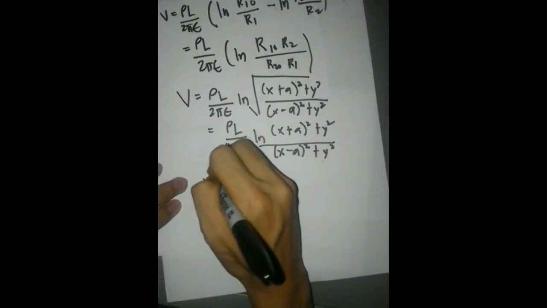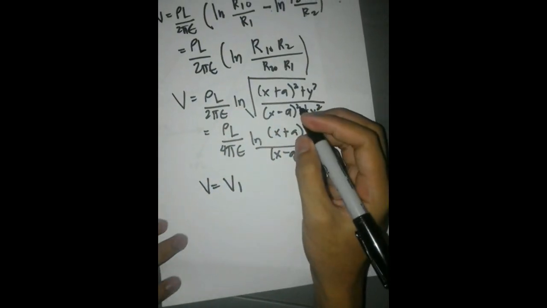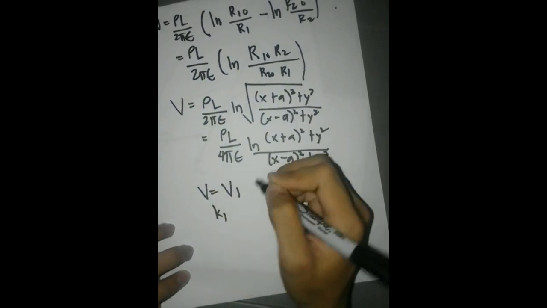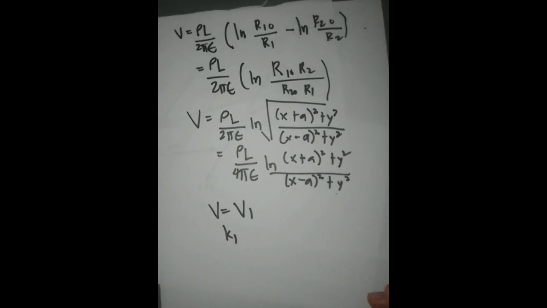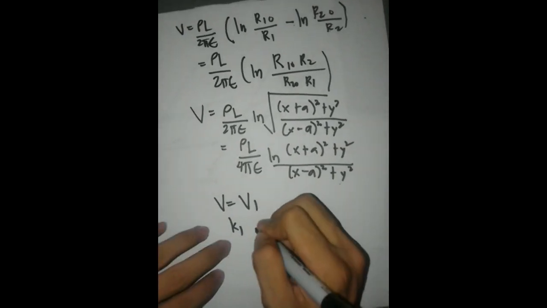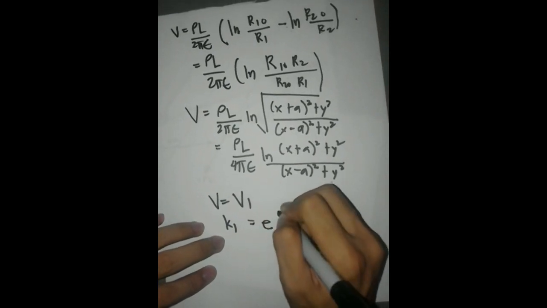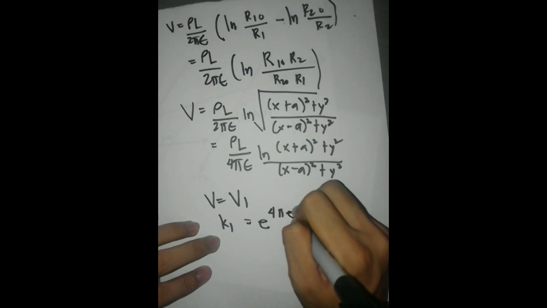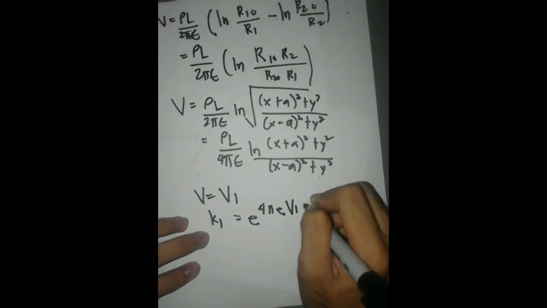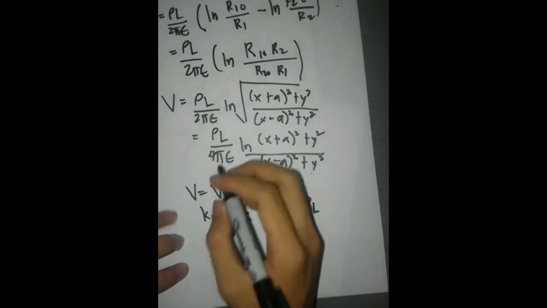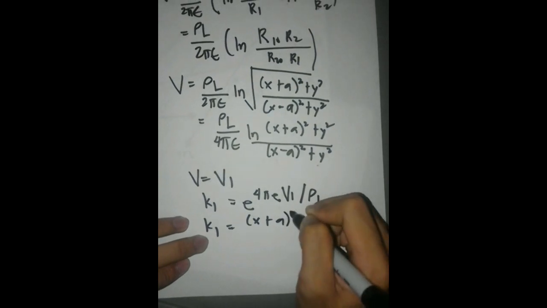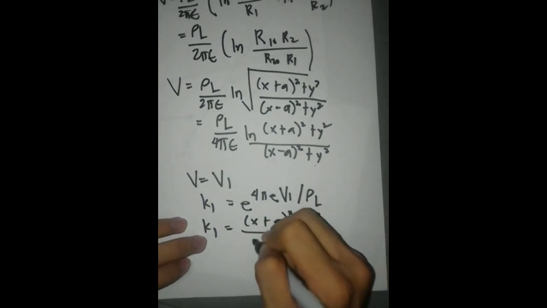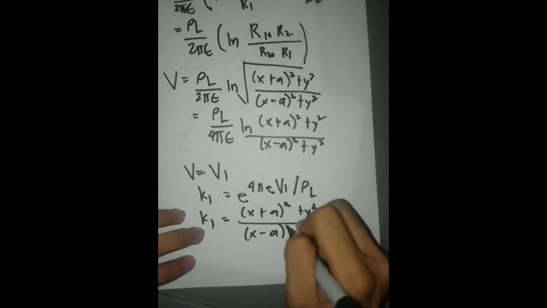Choosing an equipotential surface V equals V1, we define K1 as a dimensionless parameter that is a function of the potential V1. K1 equals e to the 4 pi epsilon V1 over rho L, so that K1 equals (x plus a) squared plus y squared over (x minus a) squared plus y squared.